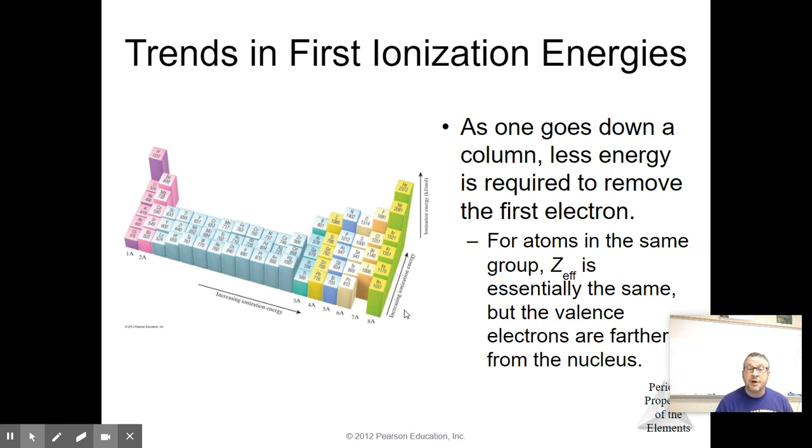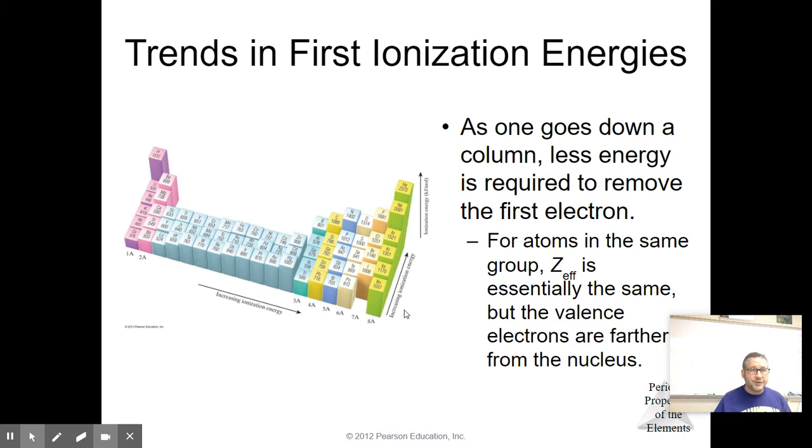But the valence electrons are further from the nucleus, meaning they're going to be a little bit easier to pick away from the atom. Because they are further away, they have less of a grip from the protons acting on those valence electrons. So that's why it's going to require less energy to pluck them away the further they are from the nucleus.